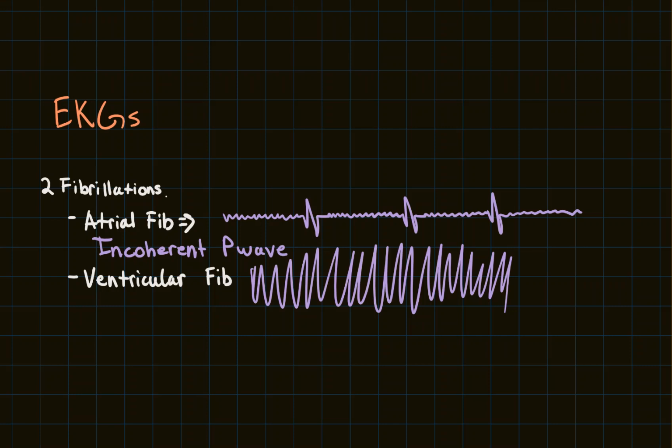So with fibrillations, we talked about it being an incomplete depolarization. And that is true. And when I told you kind of conceptually what's happening, we talked about if the chamber is not fully depolarizing, then it won't fully contract.